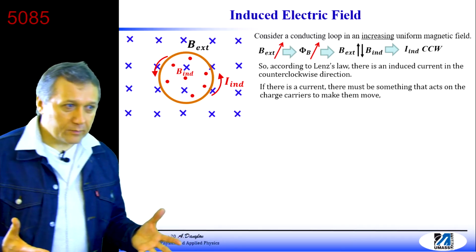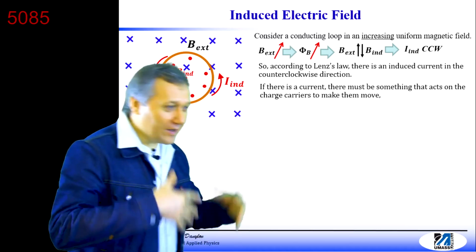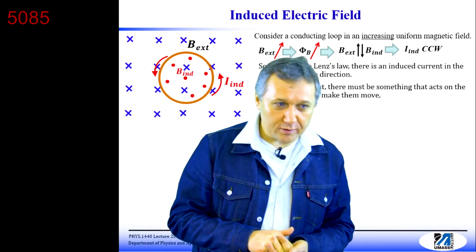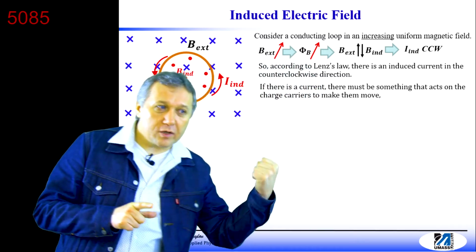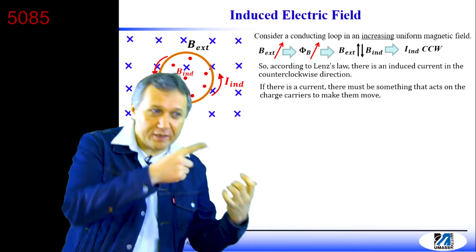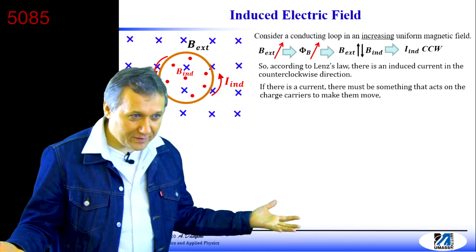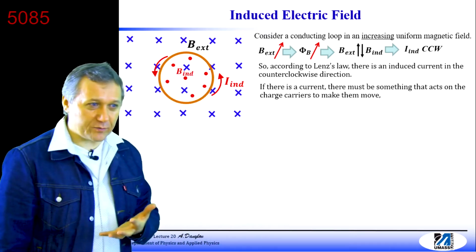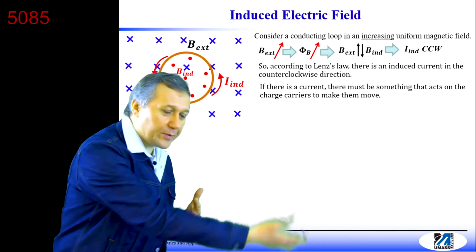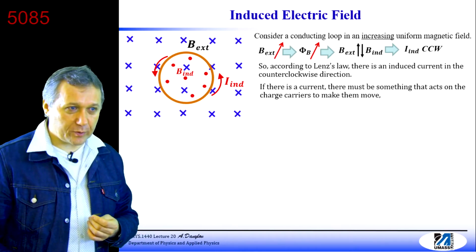Yes, that's true. But that's what we have in our current form of Faraday's law, EMF, potential difference, right? But we want to move away from the potential difference. We want to move deeper into the description of this process.